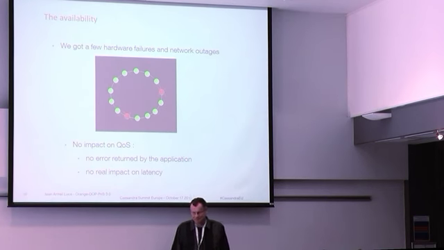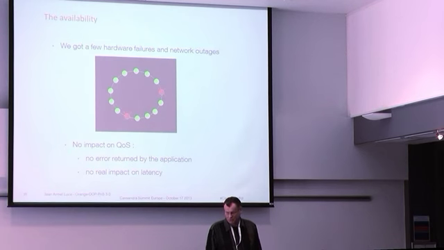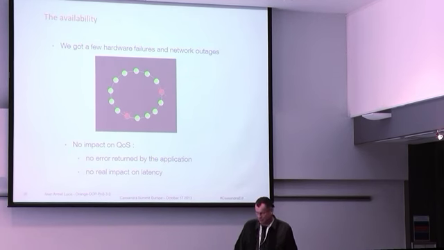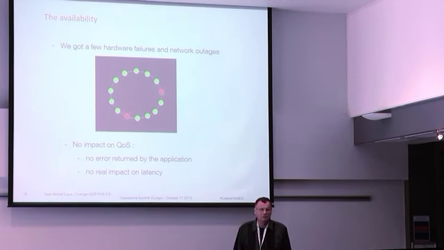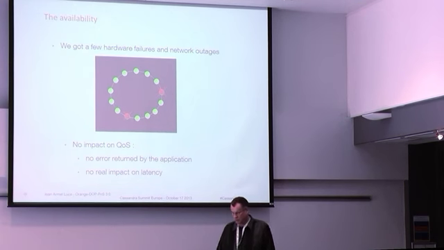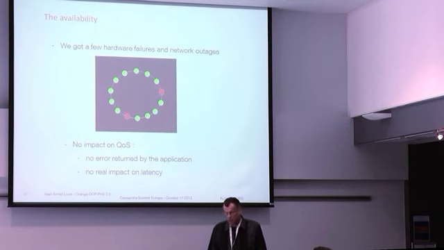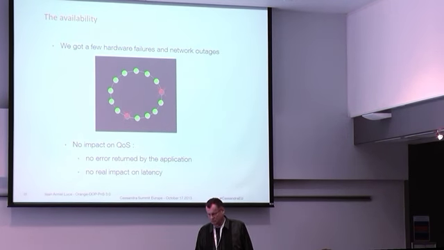So an alarm was sent to a system administrator who was awakened. He had a look at the status of the application and of the cluster, and he saw that there was no error, no impact on the quality of service. No error returned by the application.